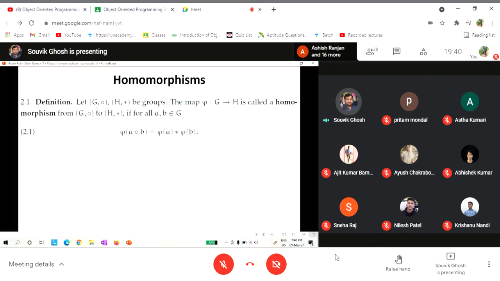So this is a group with respect to the composition operation. So where should this element A composition B lie?